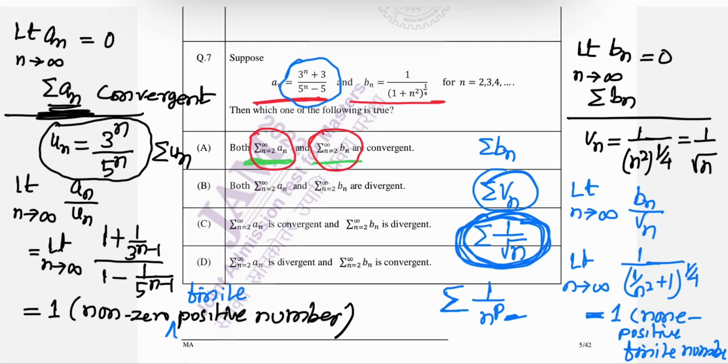So since sigma vn is divergent, by comparison test sigma bn will also be divergent. So what we have now: the first series sigma an is convergent, while the second sigma bn is divergent. And if you see the options, then certainly you will have option C as your correct option.